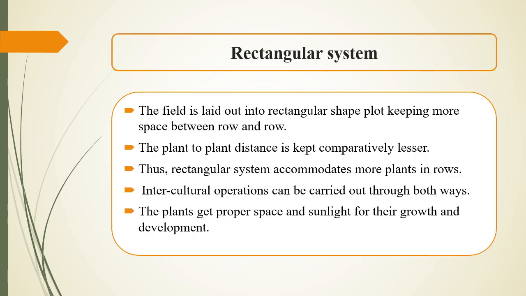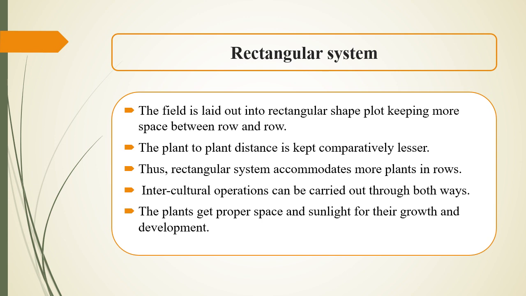Next, coming to rectangular system of planting, the field is laid out into rectangular shape, keeping more space between row and row than plant and plant. The plant to plant spacing is comparatively lesser than the row to row spacing. Thus, it is called as rectangular system.